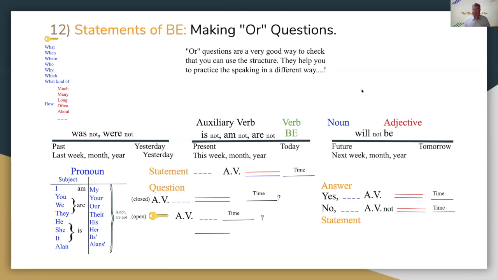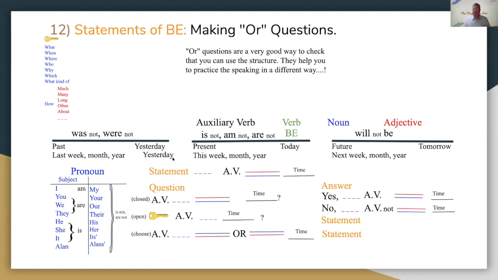So to make the or question, or a choose question, we use the auxiliary verb, the subject, noun or an adjective, or. So are you Japanese or Chinese? We might need time. Is it Monday or Tuesday today?